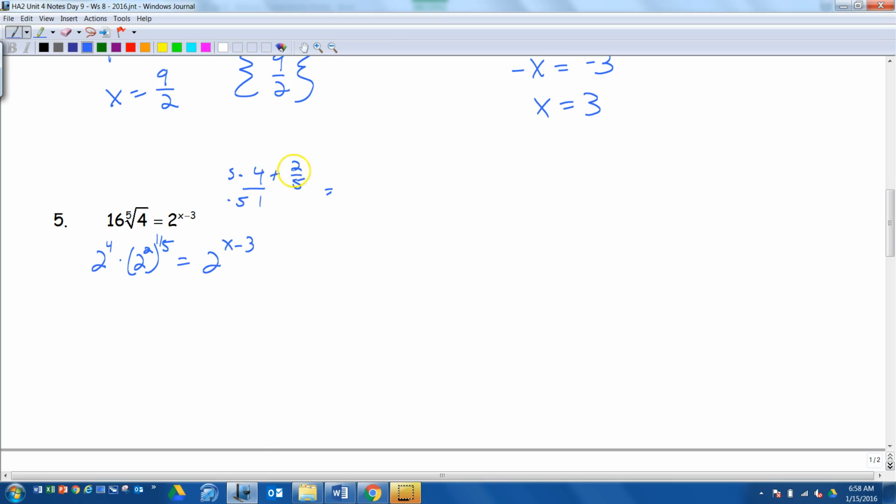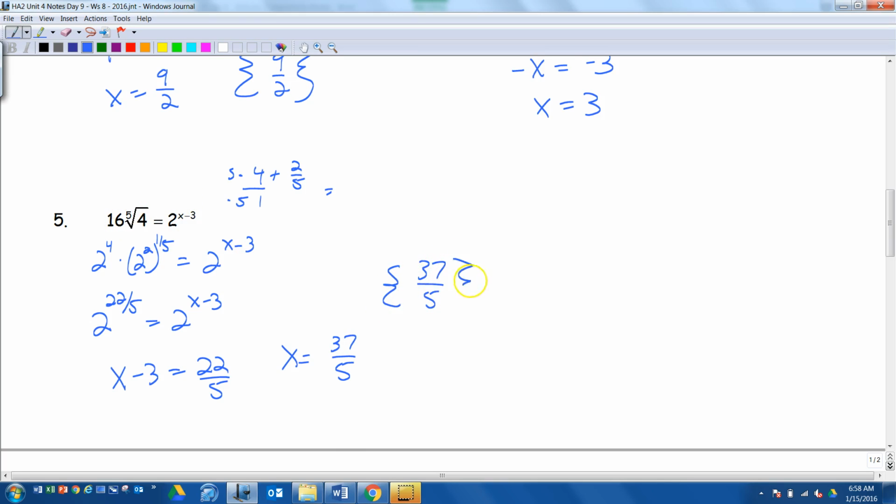So we get 22 fifths. So this becomes 2 to the 22 fifths equals 2 to the x minus 3. Now that we have the bases the same, we can say x minus 3 equals 22 over 5. So x is equal to, when you add 3, that'd be 15 more on the top, which is 37 over 5. And if you plug that in, it will equal. So that is the answer. Okay, so that is just more practice.